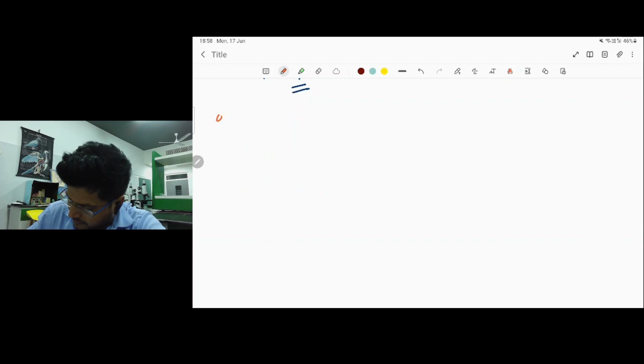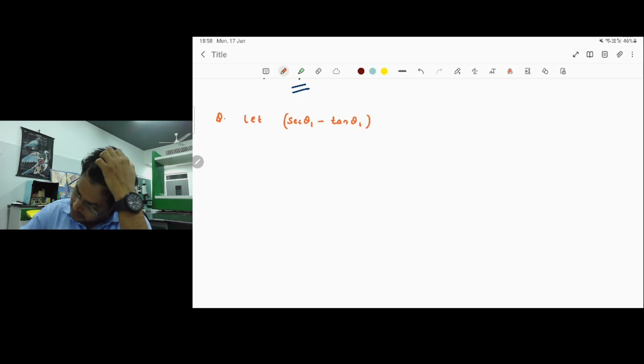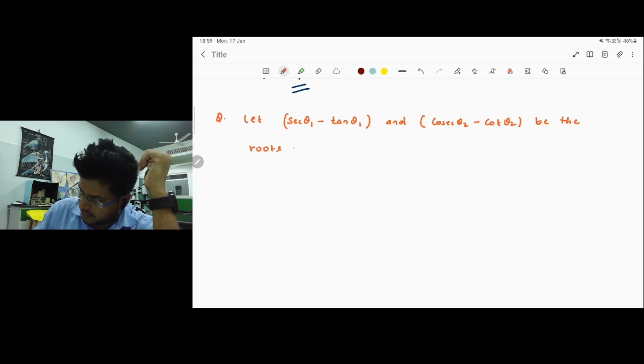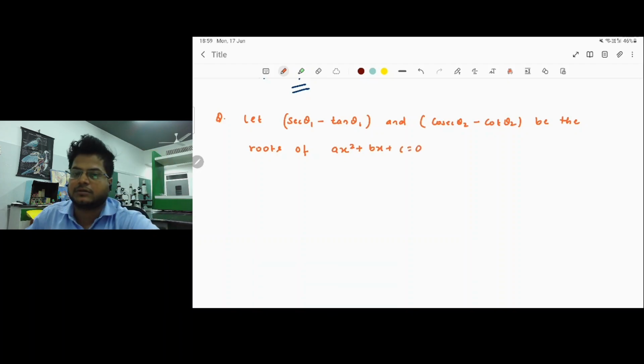Question is: let sec theta 1 minus tan theta 1 and cosec theta 2 minus cot theta 2 be the roots of ax square plus bx plus c equals 0.